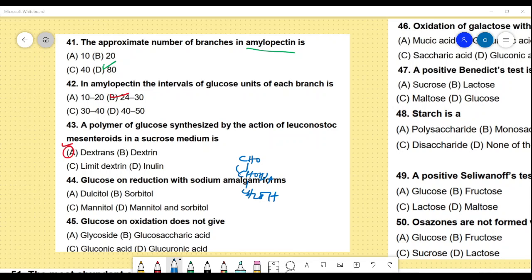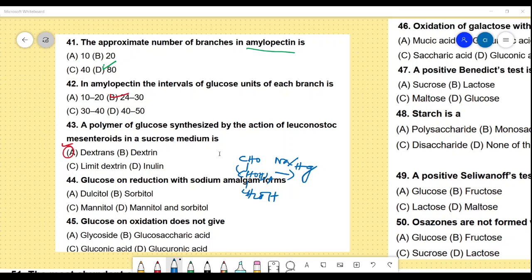Okay. So what is the sodium amalgam? Sodium amalgam is sodium in mercury, sodium in amalgam. So what is the structure that you get?